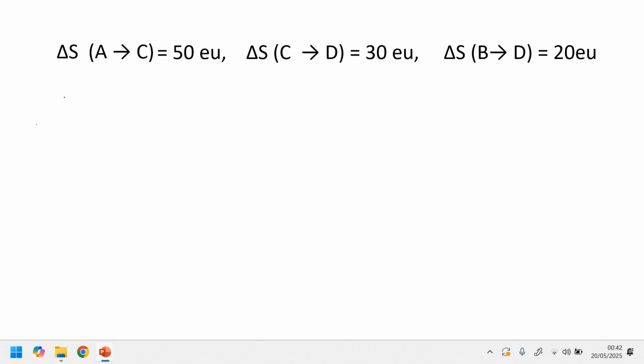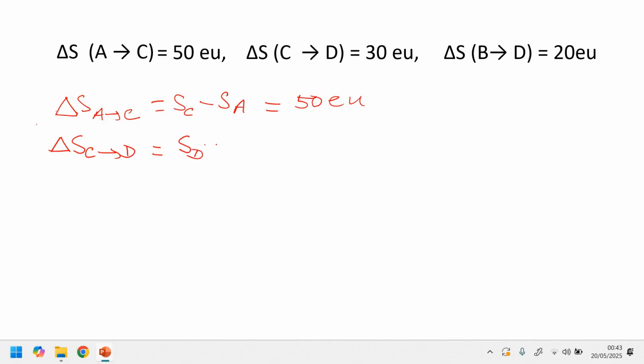Now see here, entropy change for A to C is equal to entropy of C final minus initial entropy of A, and that value is given as 50 entropy units, right? Next, the entropy change for C to D will be entropy of D minus entropy of C, and this value is 30 entropy units, right?